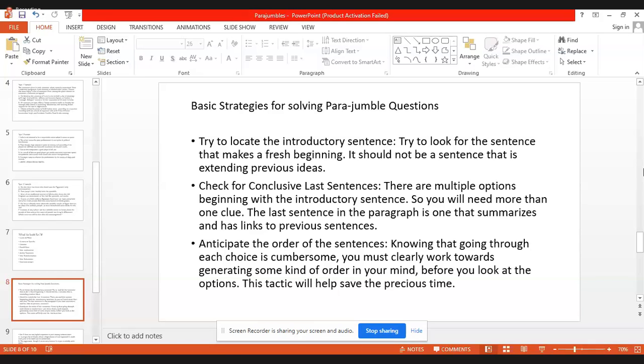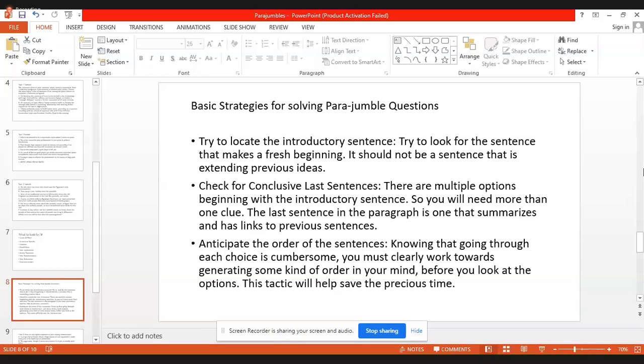And the sentences that would follow it would talk about specifics. Okay. So an introductory sentence would never be a sentence that is extending previous ideas. No, it would be more like something that opens up the topic at hand, right? Then students, you can also check for conclusive last sentences, that is, which statement is going to be the last sentence. So there are multiple options beginning with introductory sentence.